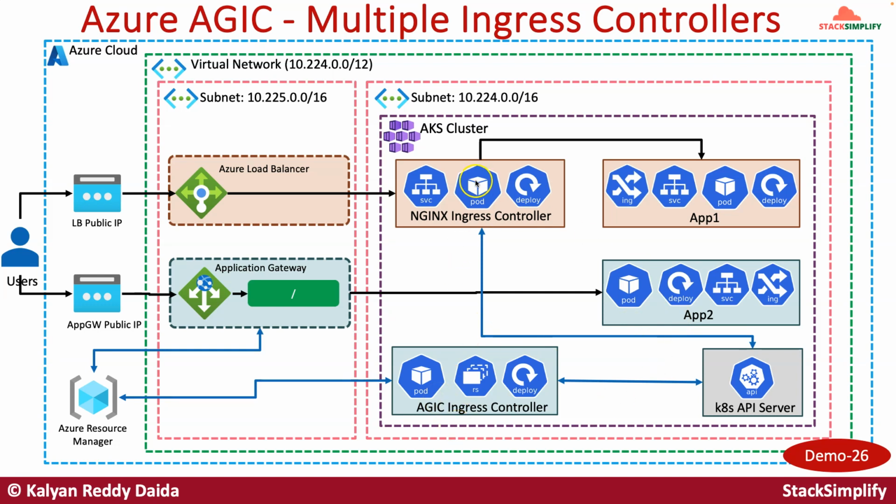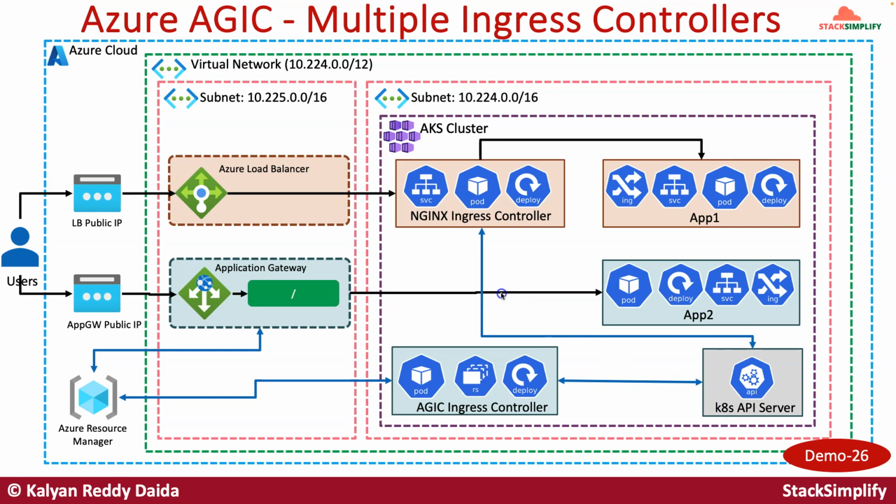Accordingly, when we deploy, the request coming to app1 is via the Nginx Ingress controller, and for app2 it is directly from the application gateway to the pod. So you will very clearly see the latency the Nginx Ingress controller adds, and the benefits we get with the AGIC Ingress controller, and when we implement it we'll learn more about it.